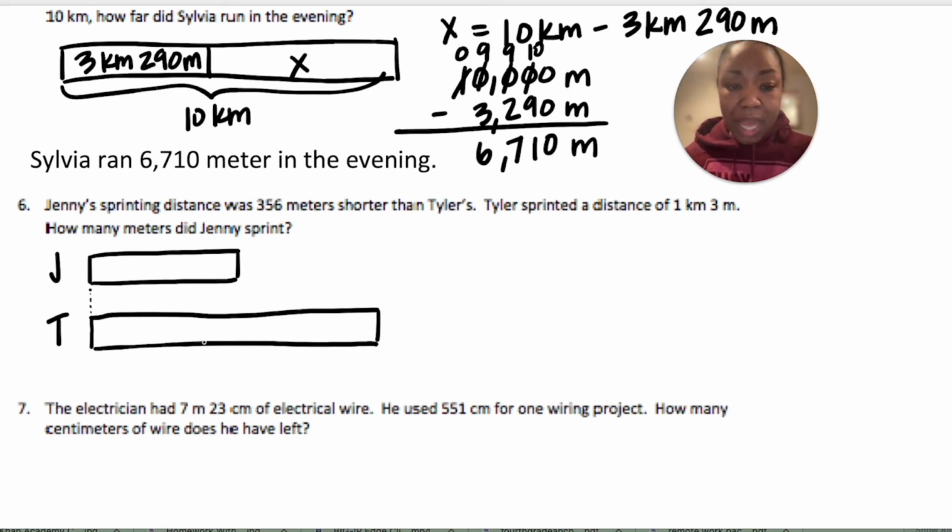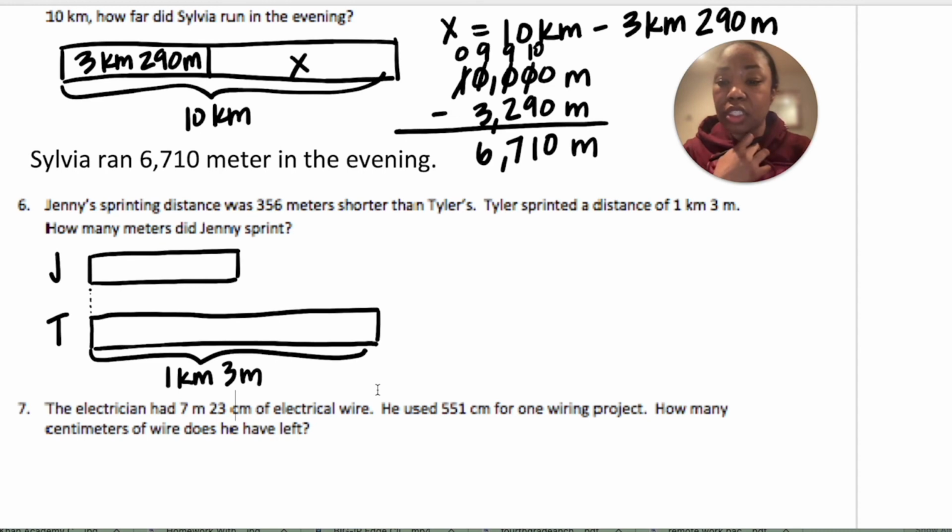They tell us that Tyler's distance is, I'm going to do his at the bottom, 1 kilometer, 3 meters. They tell us that Jenny's sprinting distance was 356 meters shorter. So that's this extra piece here, right?